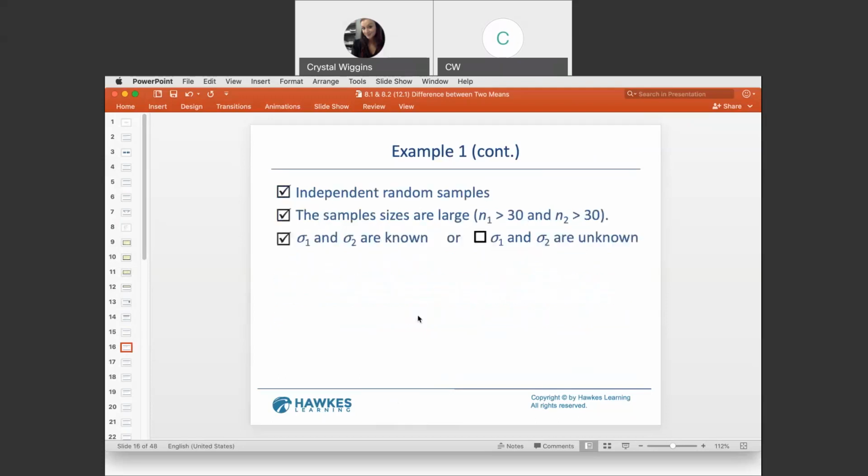Again, checking our assumptions. Are the samples random and independent? Yes. There were 50 randomly selected cable users and 50 randomly selected satellite users, and there was no connection between the two samples. We also know both standard deviations and the samples are large enough, and therefore we are going to use a z-test statistic.